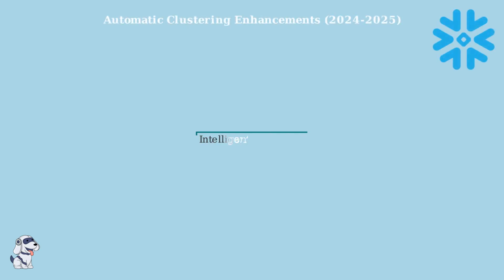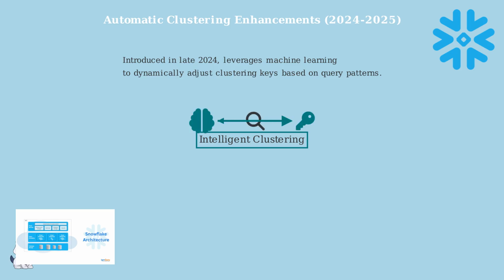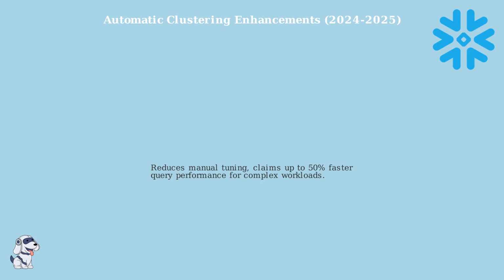Snowflake introduced intelligent clustering in late 2024, using machine learning to automatically adjust clustering keys based on how data is queried. This machine learning approach analyzes query patterns to dynamically optimize data layout without manual intervention. The result is significantly improved performance, with claims of up to 50% faster queries for complex workloads, while reducing the need for manual tuning.